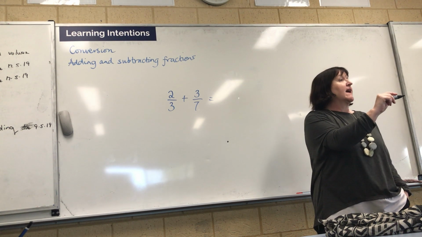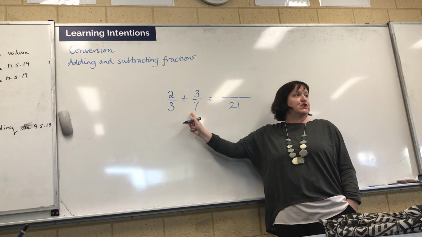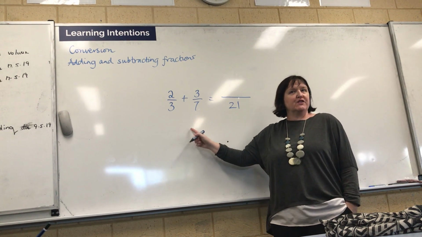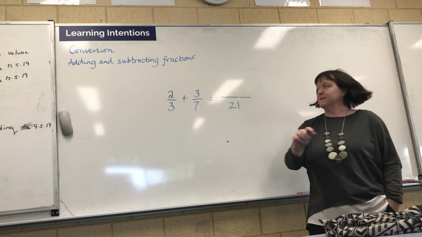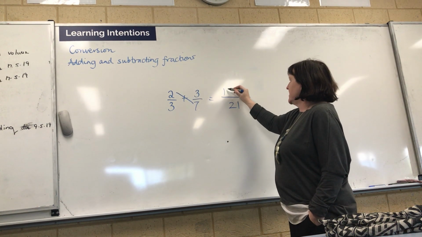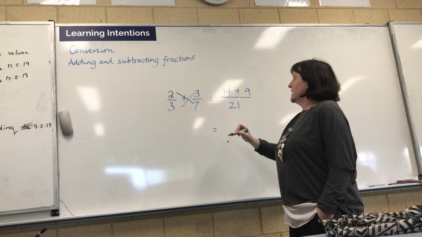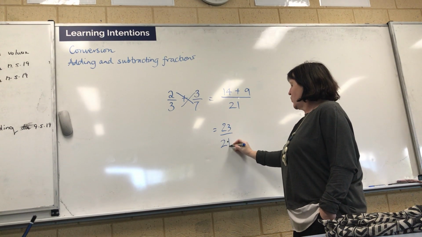The lowest common multiple. Yeah, you'd find the new common denominator, which is 21. So you'd multiply those two, okay? And now, because we have multiplied those two to find the new denominator, now we can cross multiply, okay? So 2 times 7 is 14, 3 times 3 is 9, 14 add 9 is 23 over 21.